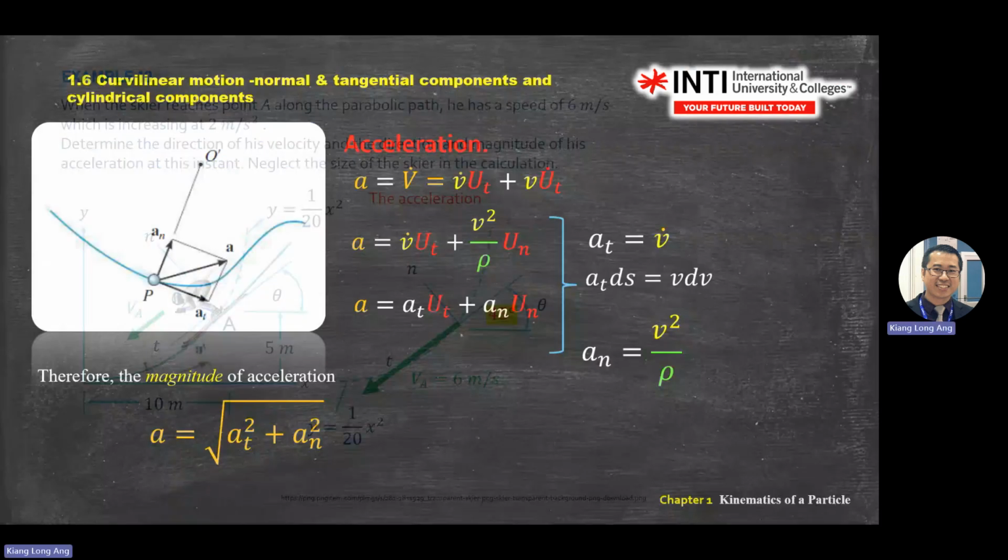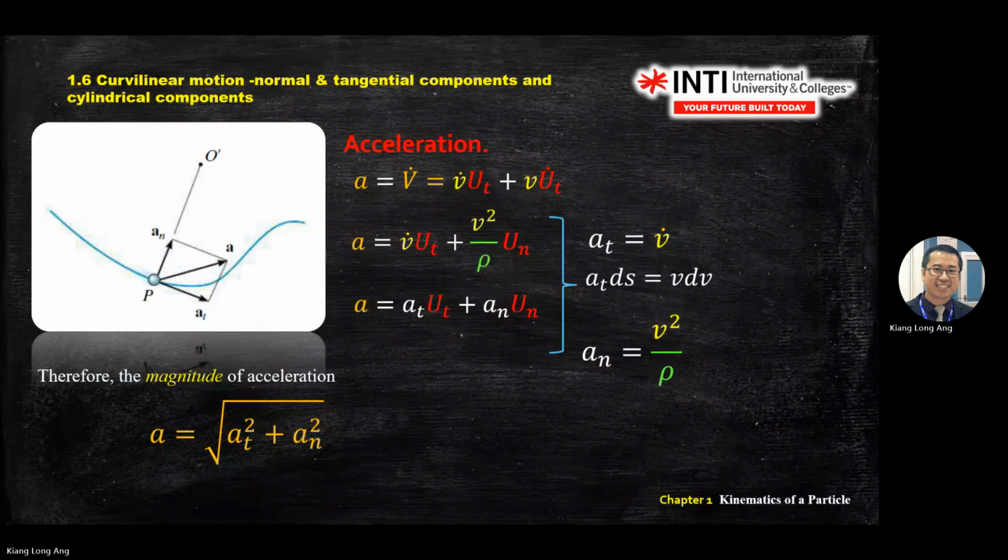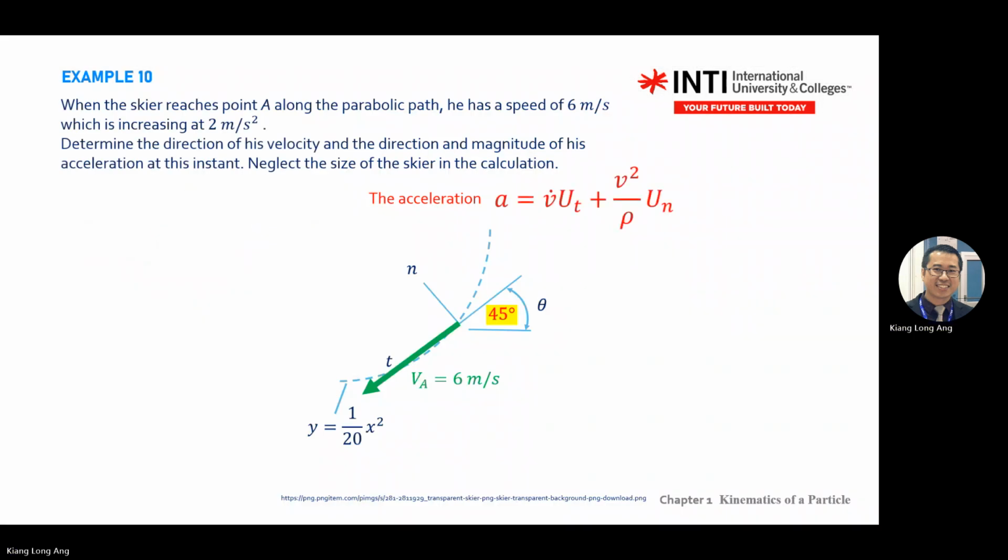Now the next slide is to recall what you learned previously. You write this equation, A equal to AT UT plus AN UN. Recall AT equals dV dt, AN equals V square over rho. Then to find the magnitude, square root. So you write A equal to dV dt UT plus V square over rho UN.